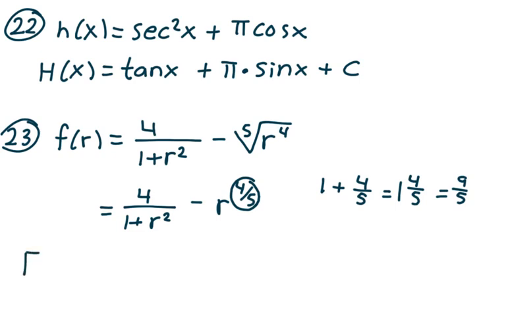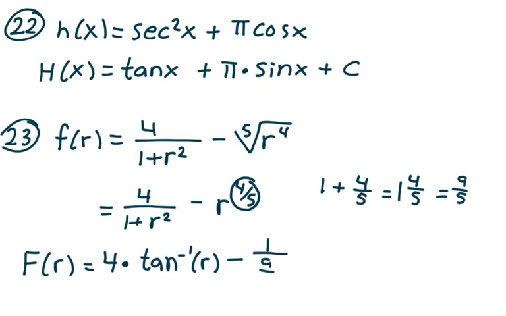Now, capital F of r is 4 times the arctangent of r, okay, minus, and then I'm going to do 1 over 9/5 r to the 9/5 plus c. But that's not enough.